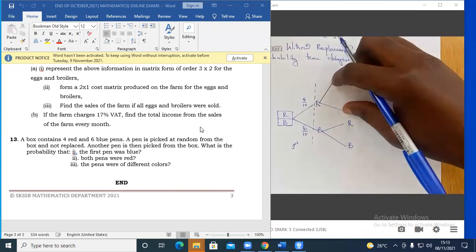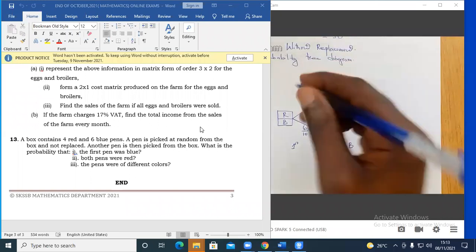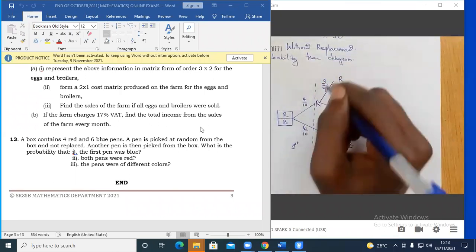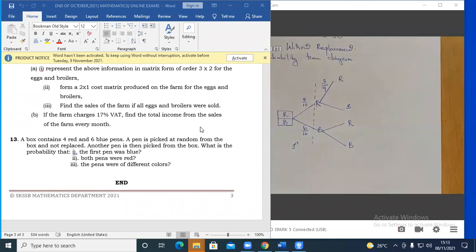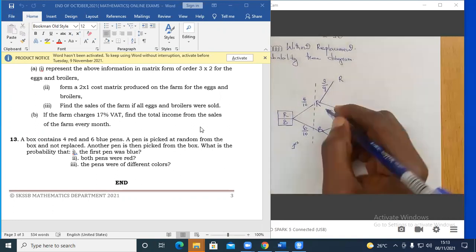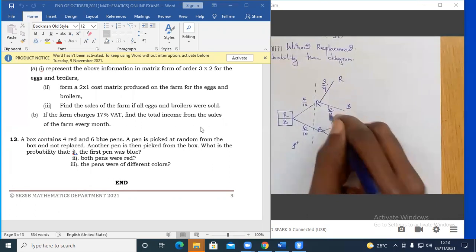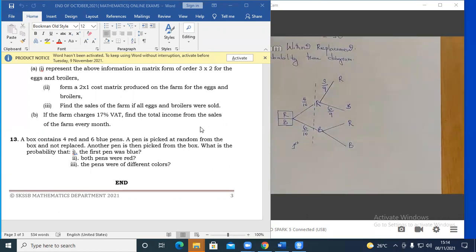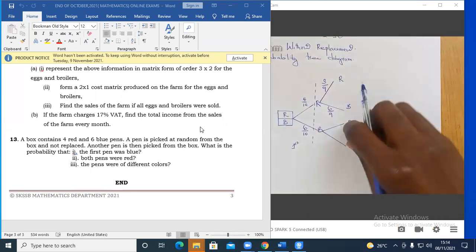Which means if I pick a red pen, the number of red pens will reduce to 3, and the number of pens in the box will reduce to 9. So here we've got 3 out of 9. I did not pick blue, which means blue will still remain 6 out of 9.